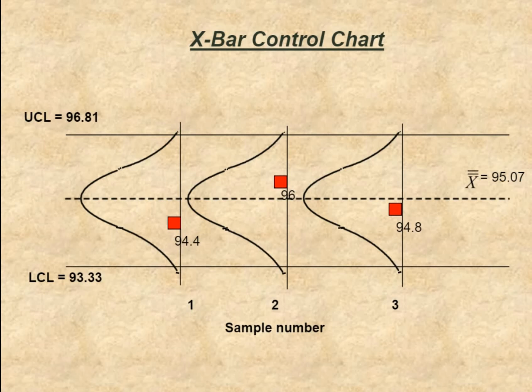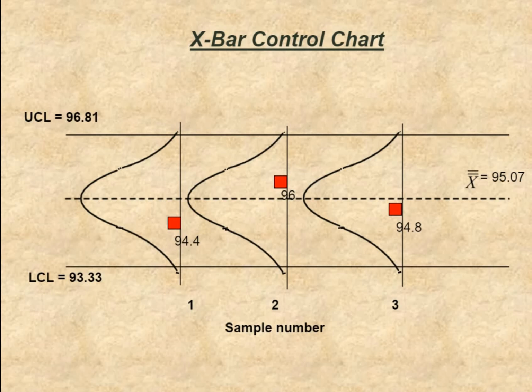Okay, for sample 1, the value is 94.4. So it is in between 96.81 and 93.33. Then the average for sample 2 is 96, so it's in between these 2 values as well.